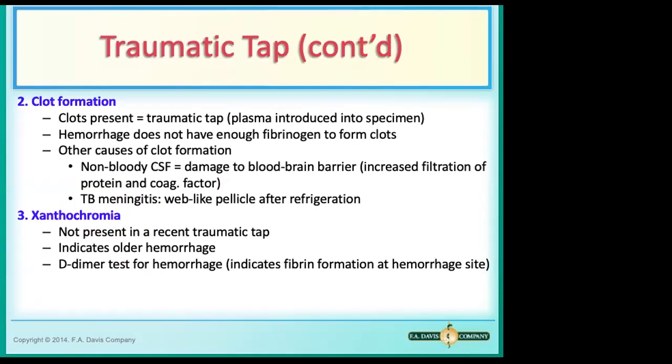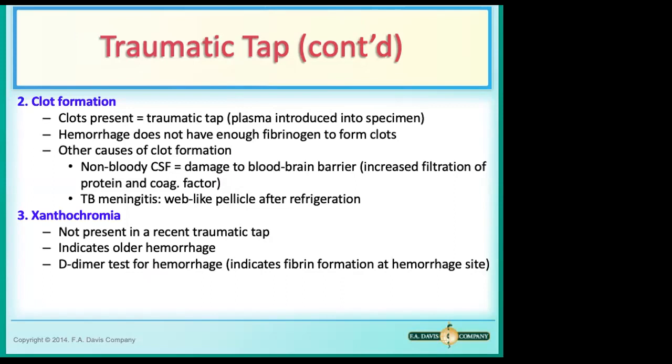Another way is whether there is clot formation. If a clot is present, it means that plasma was introduced into the specimen, and that is an indication of a traumatic tap. Hemorrhaging does not have enough fibrinogen to form clots, so you will never see a clot if it was true bleeding into the CSF.